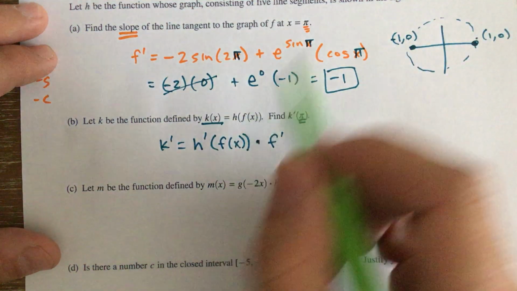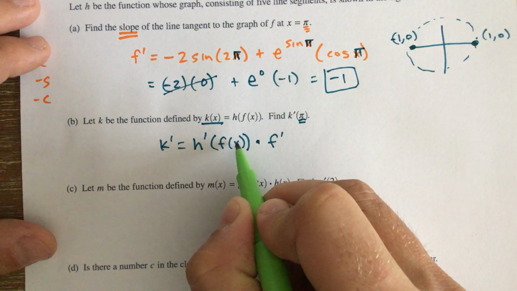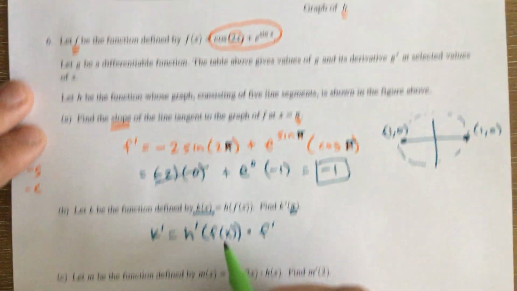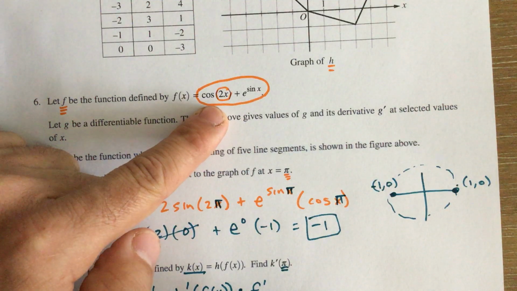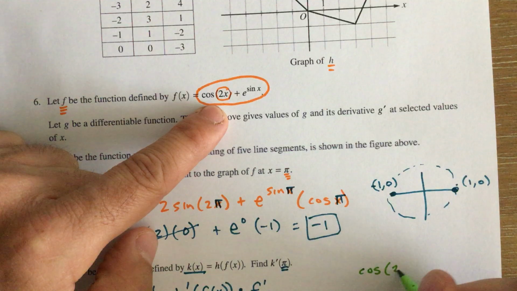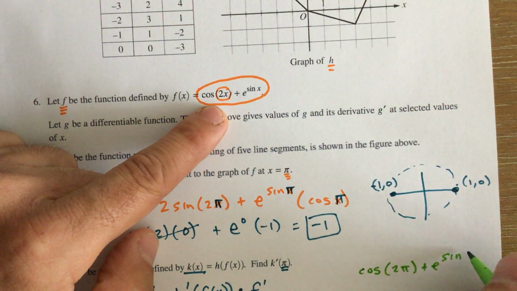So where to start? Looks like I'm going to start here. Plug in a pi, right? So f of pi, how do I find out what f of pi is? F of pi is this thing right here. So really it's going to be cosine 2 pi plus e to the sine pi.